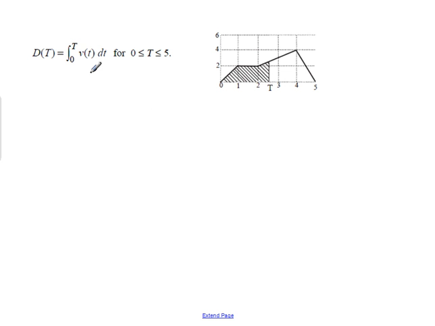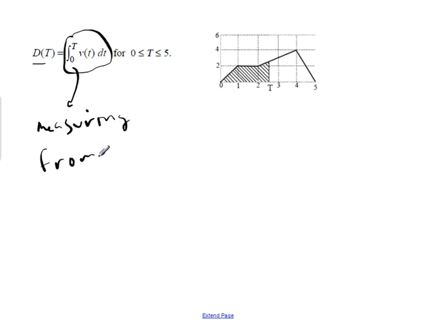Okay, so here's an example of an accumulation function. So we know that distance is the integral of our velocity. So what we're saying is that we're integrating our velocity from t equals 0 to t equals some unknown time, for some time between 0 and 5. Because 0 is our initial point, we're measuring from t equals 0.